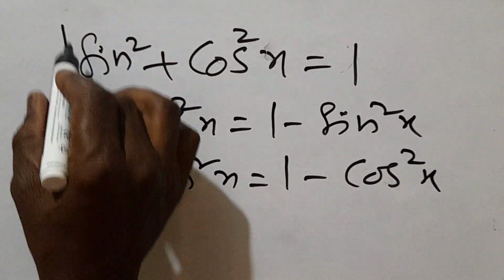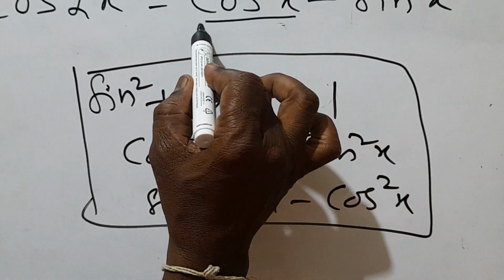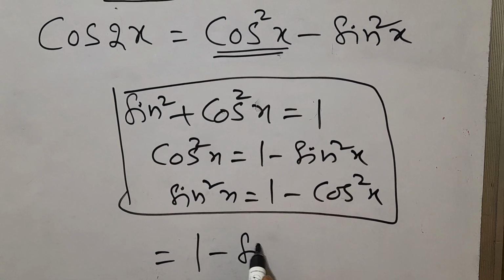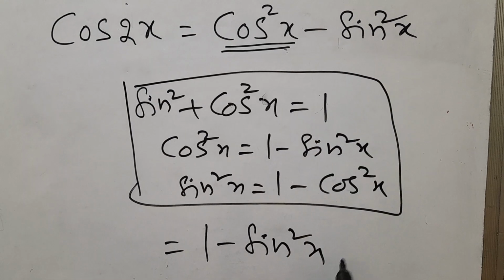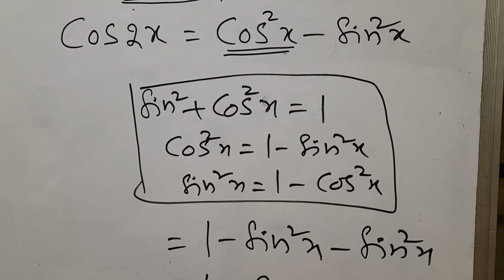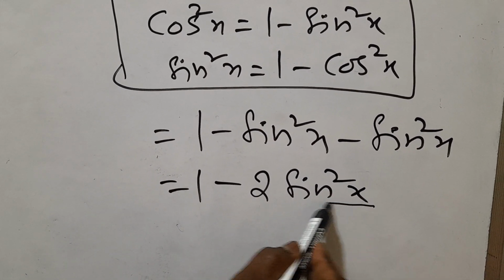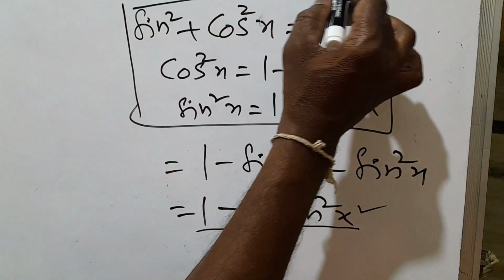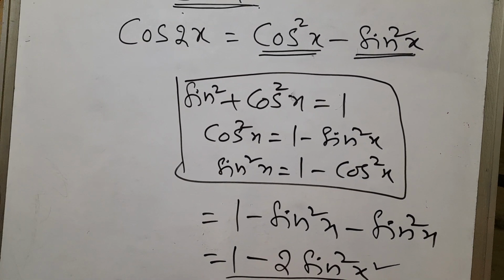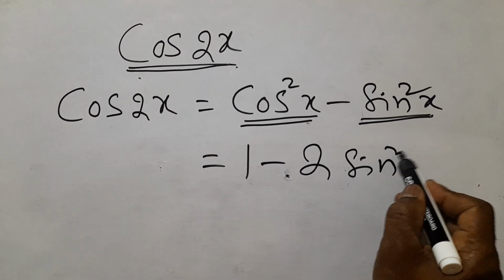By using this identity, if you replace cos square with 1 minus sin square in this, then minus sin square, finally this becomes 1 minus 2 sin square x. So this is the second one.